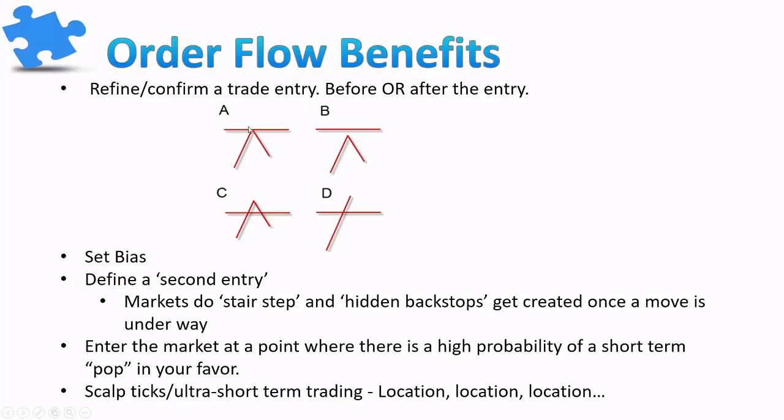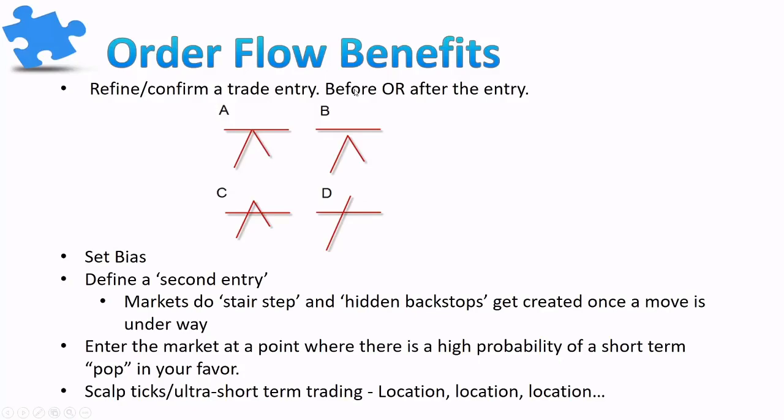We could, for instance, if we're interested in fading that level, put an order in before the level, and maybe have a wide enough stop, which allows it to move through and come back and still stay in. But if we do that, if we have an entry before the level and a stop right up here, that's going to mean that on your losing trades, you're going to be losing a lot of money.